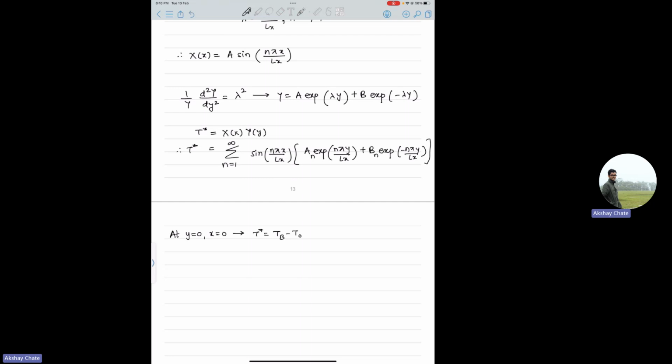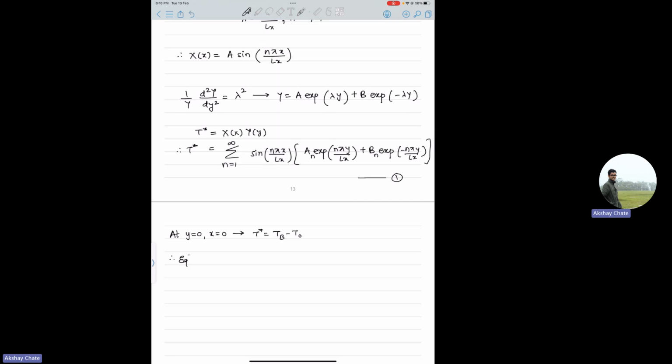What do I mean by tricky? We use another boundary condition, that at y equal to 0, the bottom boundary, you have T star as Tb minus T0. This is your non-dimensional temperature at that boundary. Now you put this into equation 1.